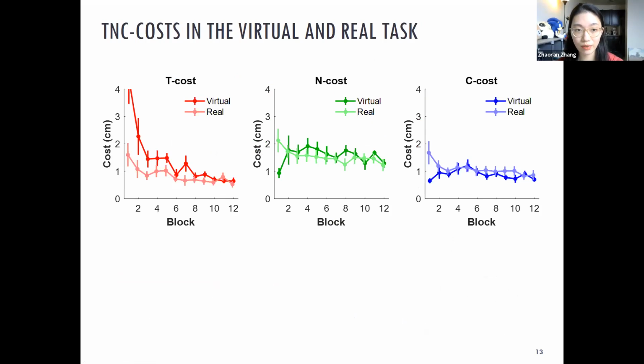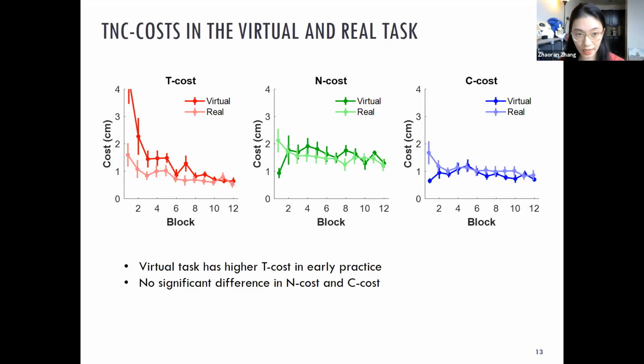Next, we separately compare the T and C cost in virtual and real task. What we find is that for the virtual task, the T cost is very high at the beginning compared to the real, and the N and C cost do not have significant differences except in the first block of practice.